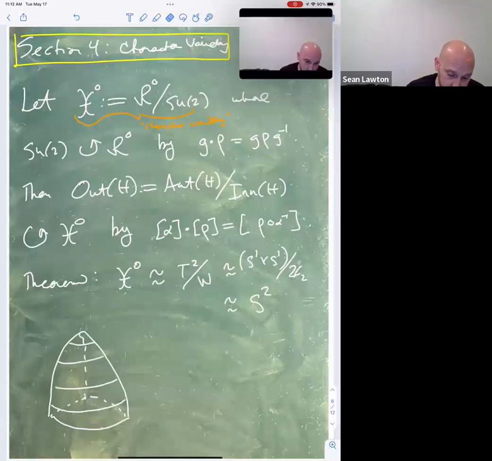Because it does look to me more like a samosa than a pillow. But strictly speaking it is an orbifold. There are these singular points here. Okay, but it is homeomorphic to a two-sphere.